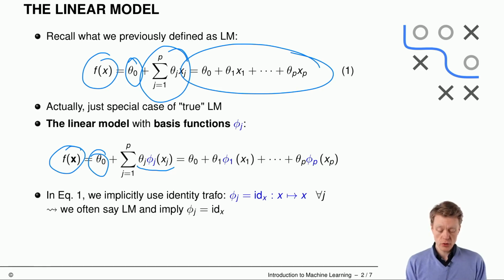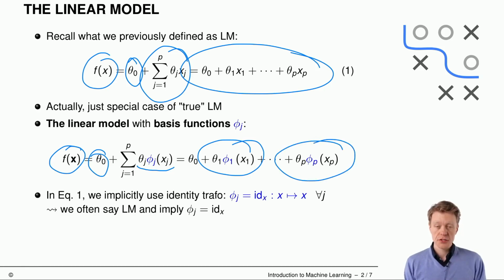So with theta 0 plus theta 1 times phi 1 of x1 plus and so on, and each feature xj can have a different basis function or transformation phi j. So if we want to get from the general case to the special case of equation 1, then we just choose the identity for each phi j.